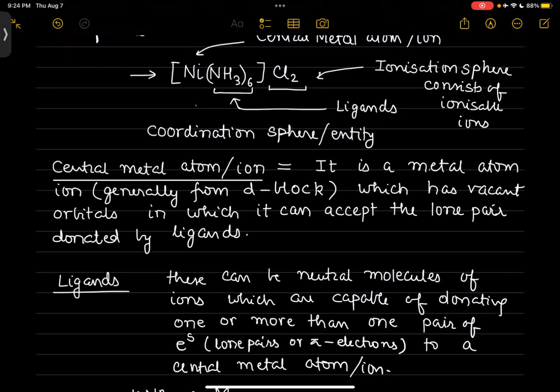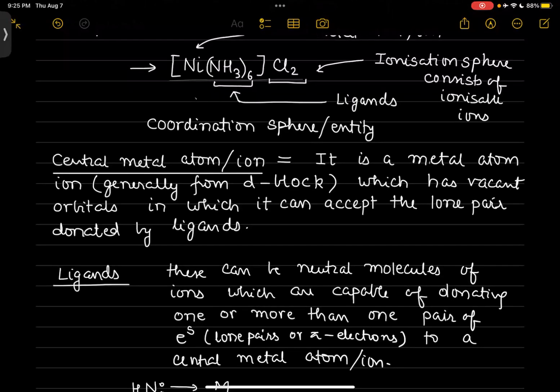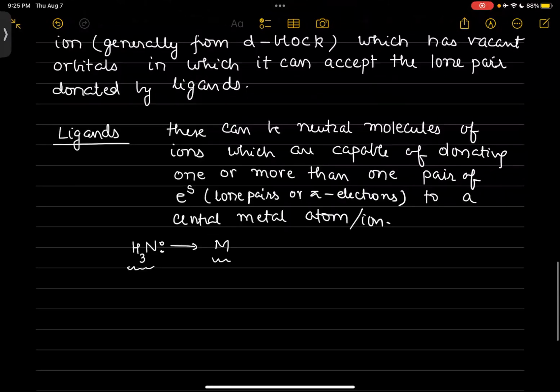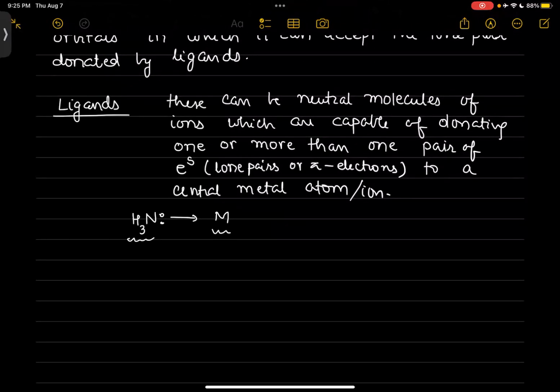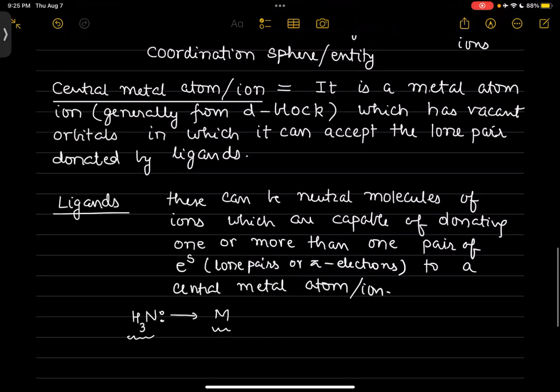That part is known as the ionization sphere. So whatever is present outside the square bracket gets ionized on putting in water. This I hope is clear to all of you. Any doubts on this? Desleen, Marwa?